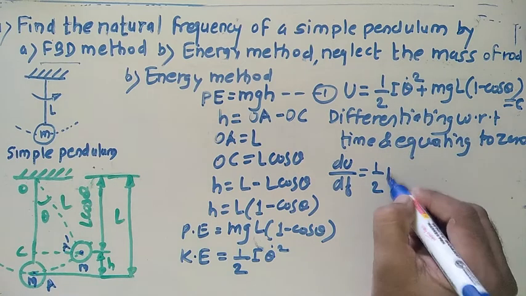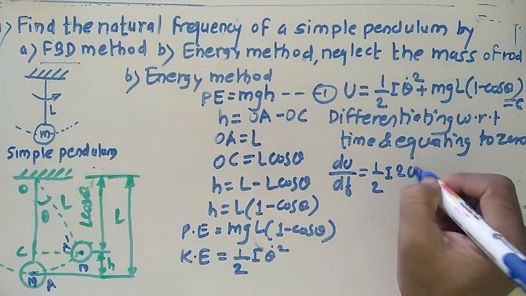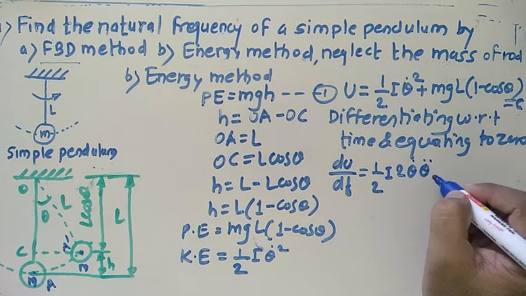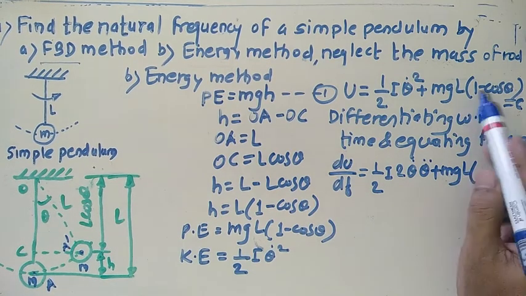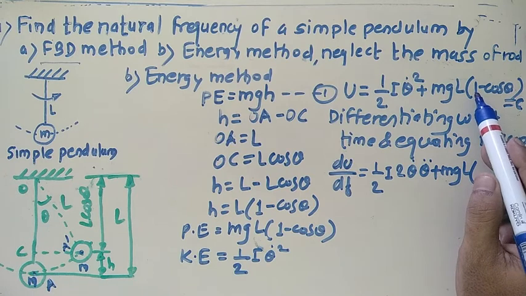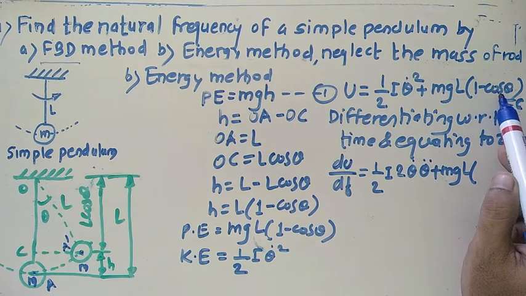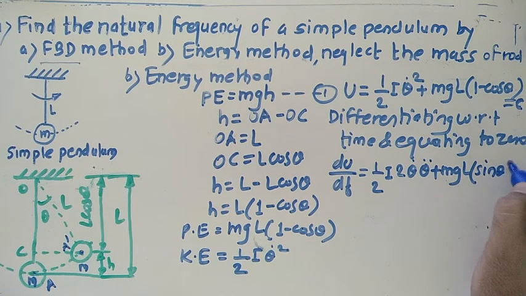I remains as it is. The derivative of this term gives a 2 here, times theta dot, and the derivative of theta dot is theta double dot, plus the next term mgL. This term remains as it is. The derivative of the constant term is 0. The derivative of cos theta is minus sin theta, and minus minus becomes plus, so we get sin theta. The derivative of the constant now becomes 0.